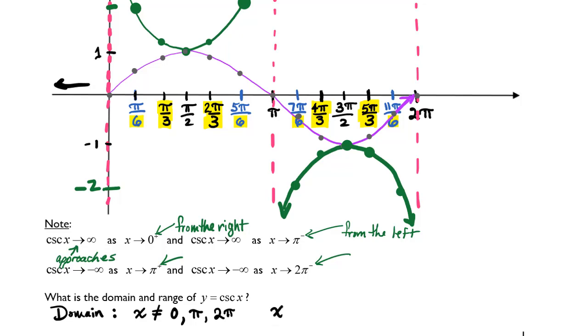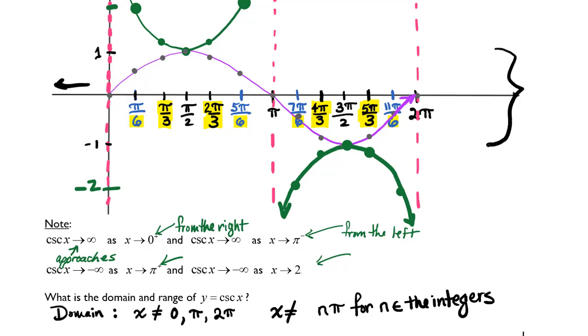So we would say that x cannot equal multiples of pi, so plus or minus n pi for n an element of the integers. Notice that n could be plus or minus 0 pi, plus or minus 1 pi, plus or minus 2 pi. You get the idea. That's what n pi means.